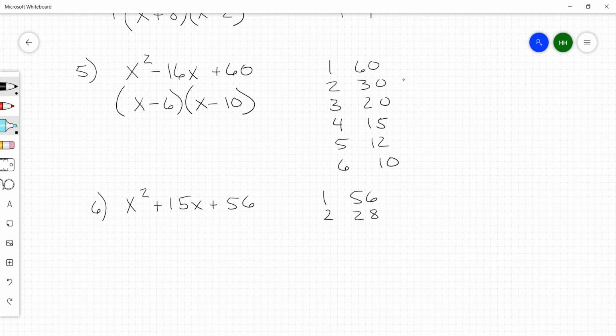Does 4 go? 4 and 14. 5, 6, and 9, that's what I'm thinking. 6 and 9 add up to 15. 6 times 9 is not 56. What's 6 times 9? That's 54, isn't it? Those aren't even factors. Sorry, guys. It's 7 and 8 that I was thinking of. 7 plus 8 is 15. 7 times 8 is 56. So x plus 7, x plus 8.